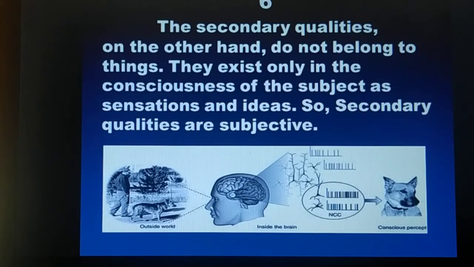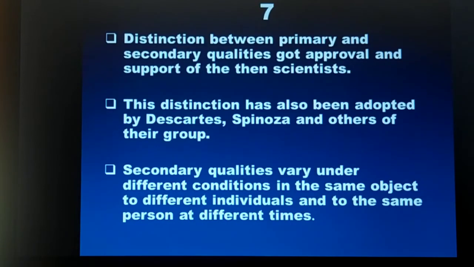So the existence of these things, the secondary qualities, depends on the mind by which they are perceived. So they exist only in the consciousness of the subject as sensations and ideas. Therefore, they are subjective. They are not real. They are not the real object. So this is the description of the secondary qualities.